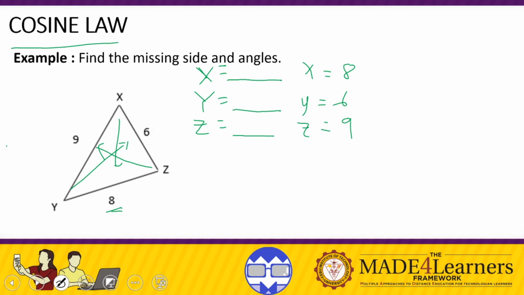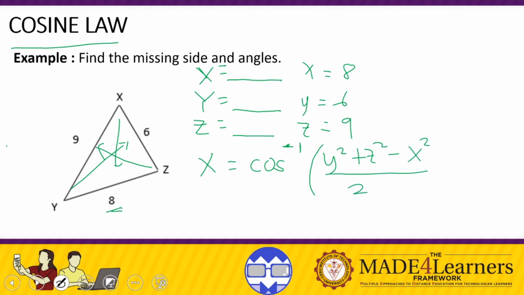But we're going to use the formula for the angles. So we have X equals the arc cos of, since we have used the variable x, we're going to use y and z. So y squared plus z squared minus x squared all over 2yz.